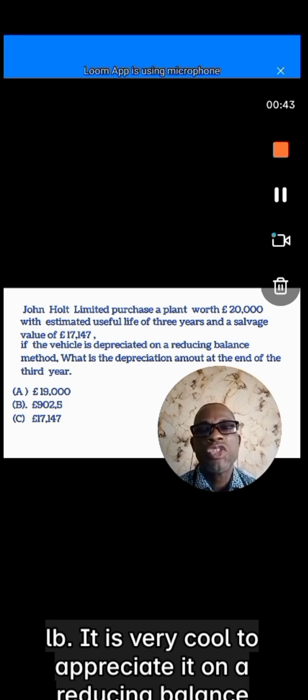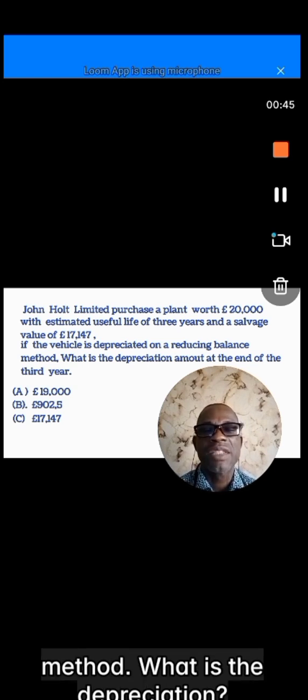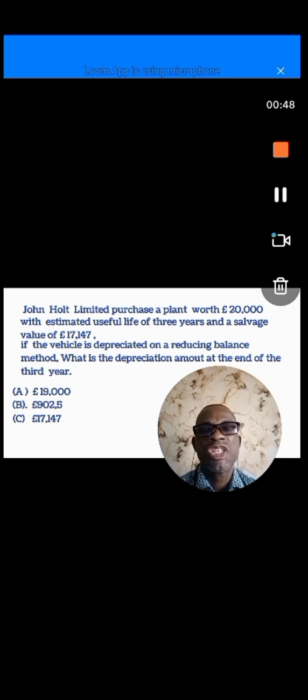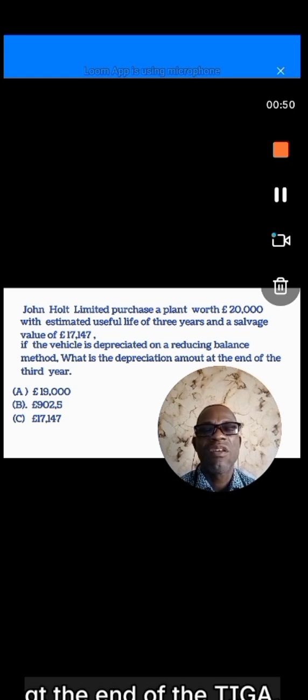If the vehicle is depreciated on a reducing balance method, what is the depreciation amount at the end of the 3rd year?